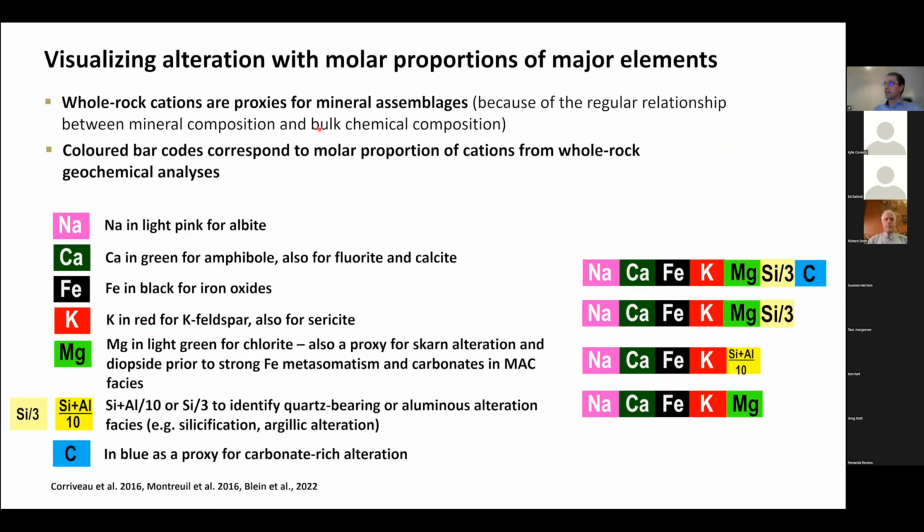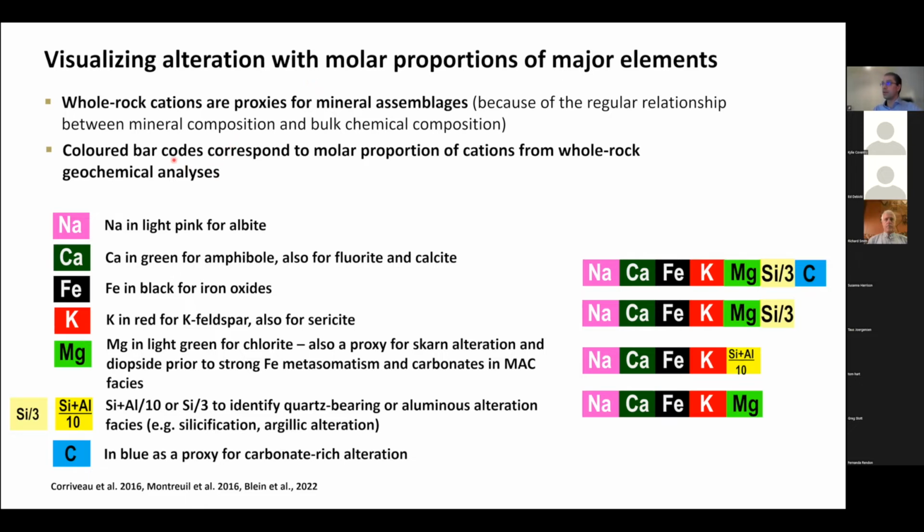I'm just presenting here a way of visualizing alteration using molar proportions of major elements. This is useful in order to evaluate the type of alteration facies that can be present in host rock, and helps to associate different facies of alteration with different metal assemblages, but also can help to understand where we are within these systems.